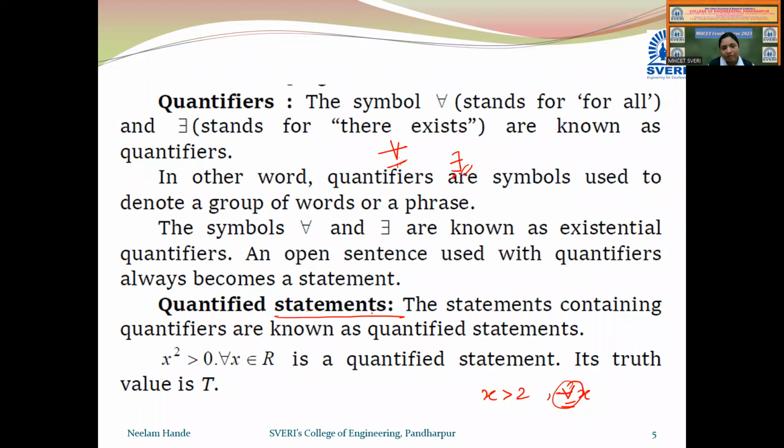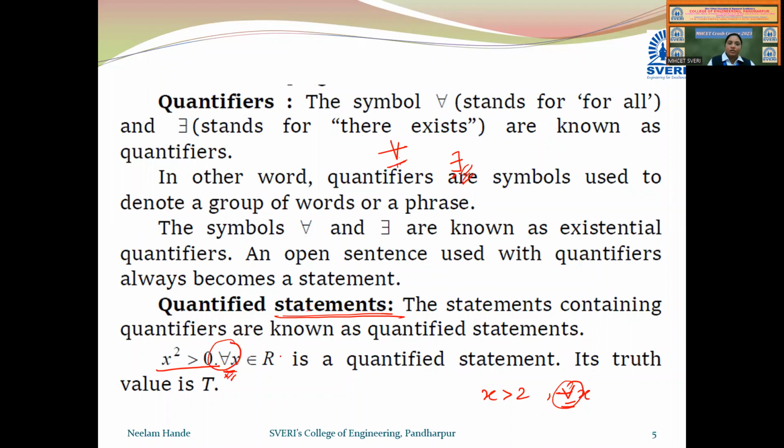The next definition is quantified statements, like this: x square is greater than or equal to 0 for all x belongs to the real number set. Where notations like for all or there exists come, we call such statements quantified statements.